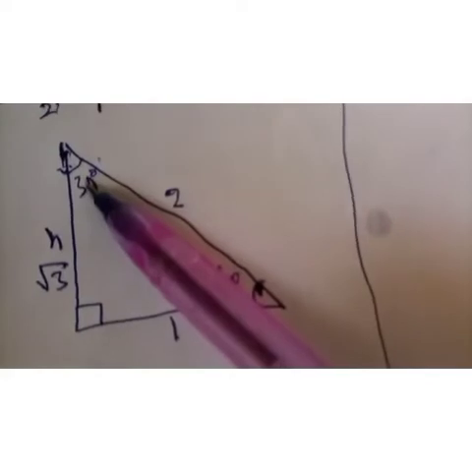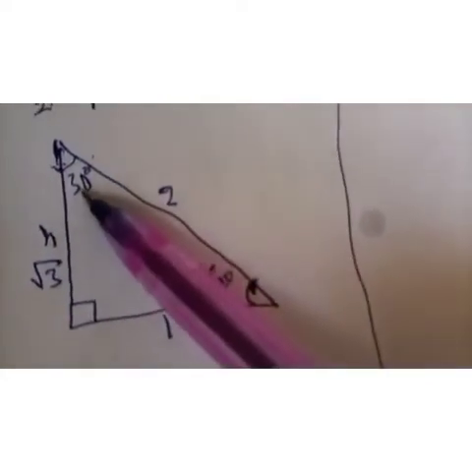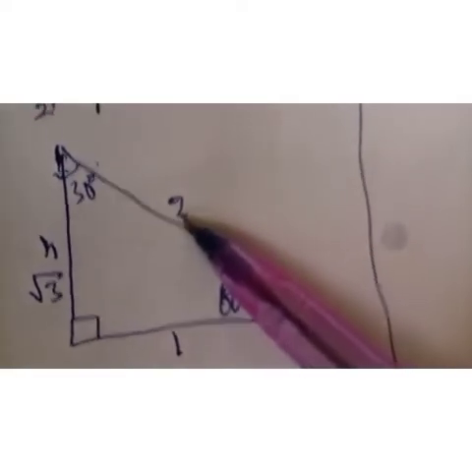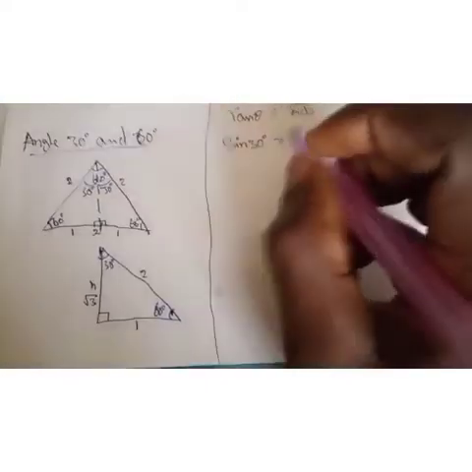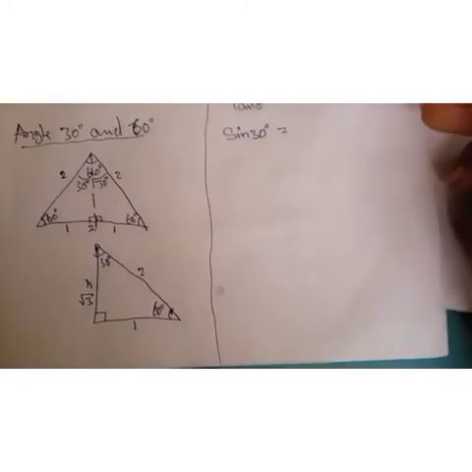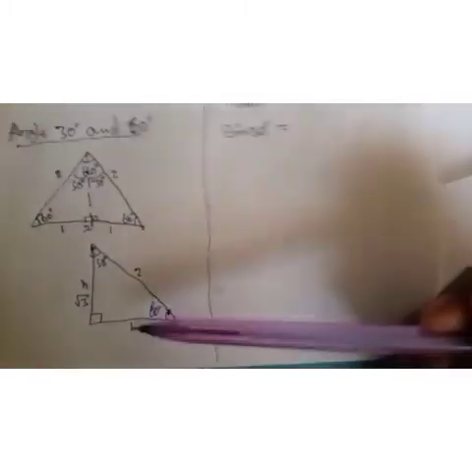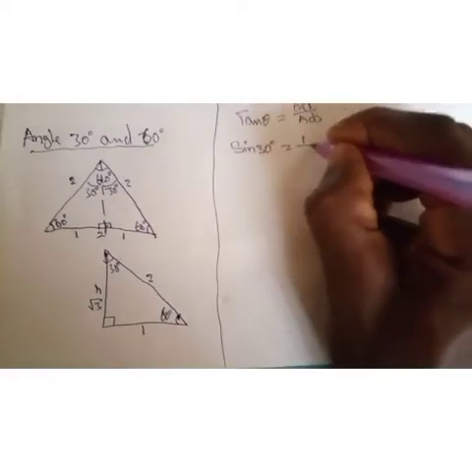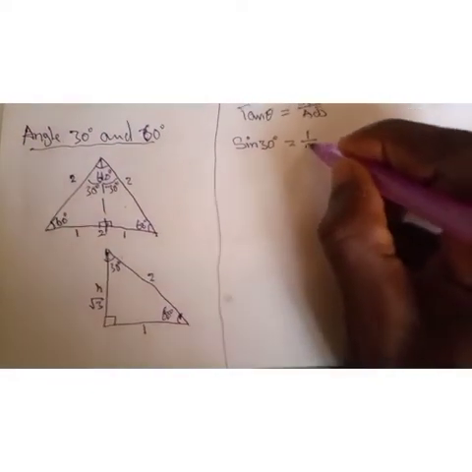When we are dealing with this 30 degree, the opposite of this 30 degree is 1, the adjacent is root 3, and the hypotenuse is 2. Is that taking? So sine 30 degree, applying SOHCAHTOA, is opposite over hypotenuse. Our opposite here is 1, our hypotenuse is 2. So sine 30 degree is 1 over 2.